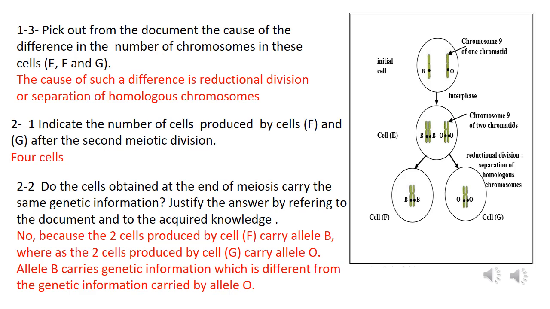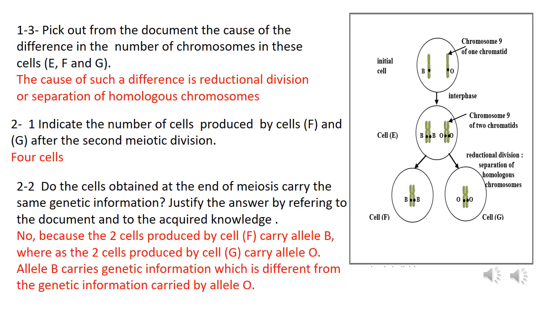Okay. Now, indicate the number of cells produced by cells F and G after the second meiotic division. Let's think. What is the number of cells produced by F and G? F and G are the cells resulting from meiosis 1, so they are going to undergo meiosis 2.